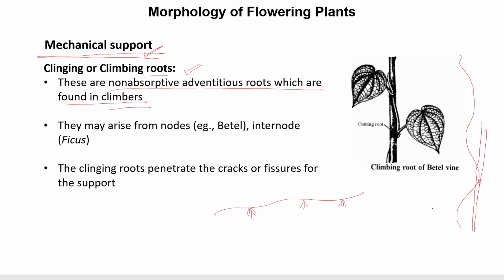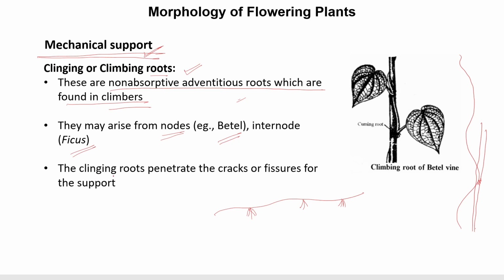Okay, so they are non-absorptive adventitious roots and they may arise from the nodes. For example, betel, in Hindi we can say pan. Okay, and internode, ficus plant.